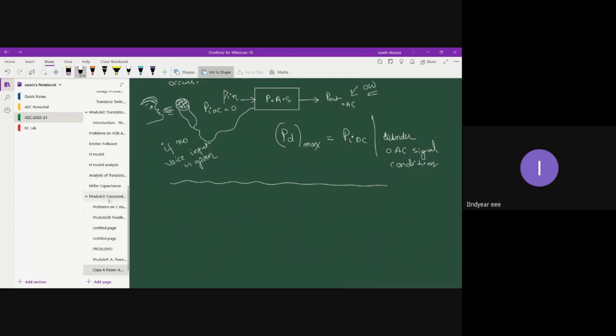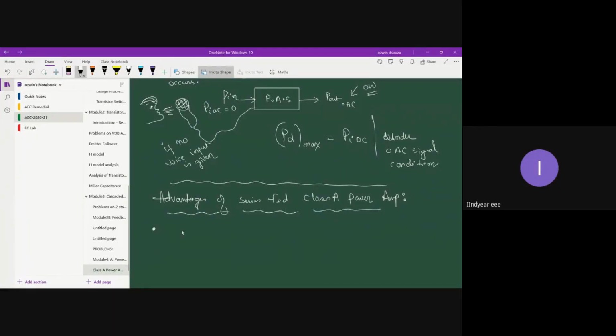Now let us talk about the merits and demerits, or in other words, advantages and disadvantages. Advantages of the series fed class A power amplifier. There are many advantages.